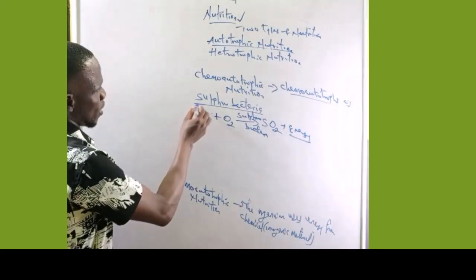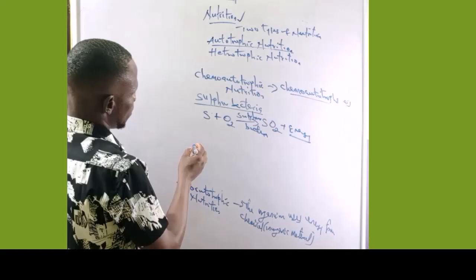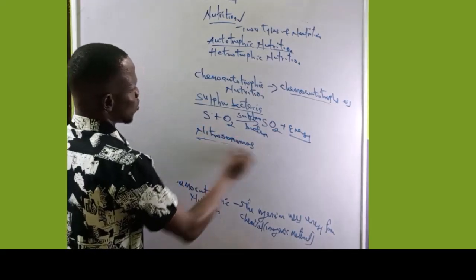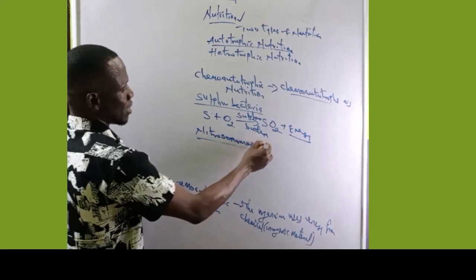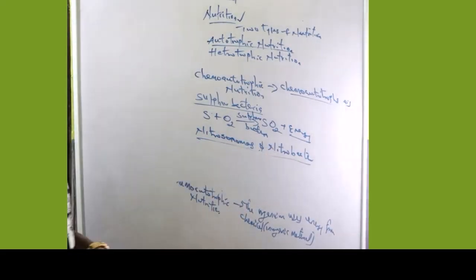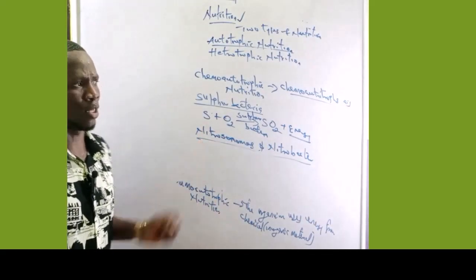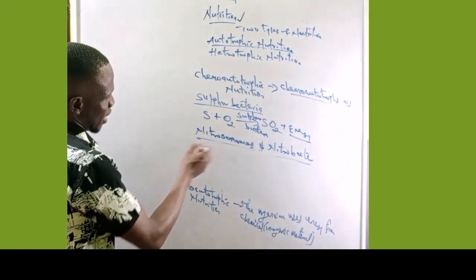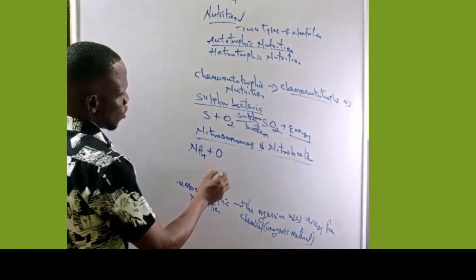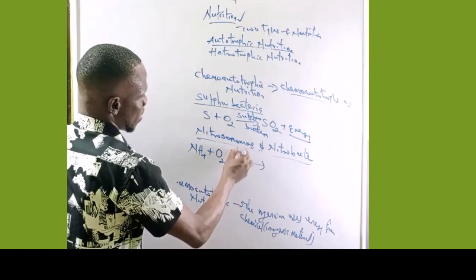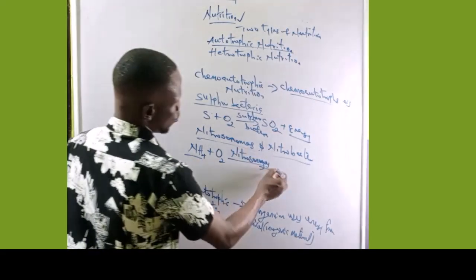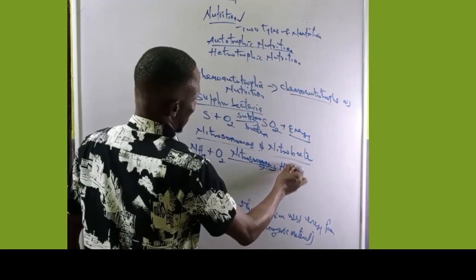Another example of a chemoautotroph is Nitrosomonas. Nitrosomonas is a nitrogen fixing bacteria. Nitrosomonas and Nitrobacter are bacteria that help in the nitrogen cycle in nature. Nitrosomonas oxidizes ammonia to nitrite.